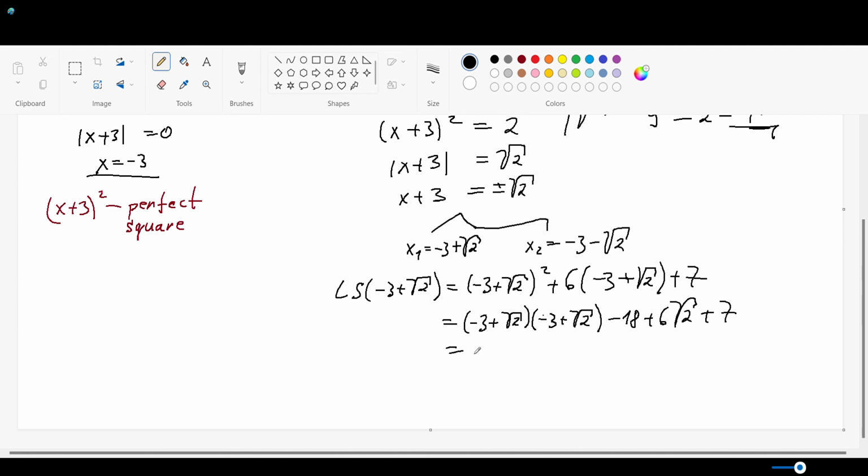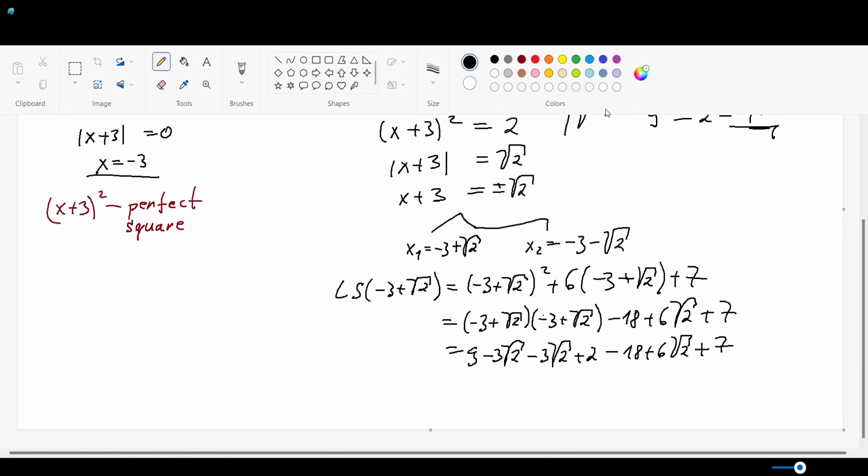Negative 3 times negative 3 is 9. Negative 3 times square root of 2 is negative 3 times square root of 2, and the same applies for the rest. We already know that square root of 2 times square root of 2 is 2, so plus 2, minus 18, plus 6 times square root of 2, plus 7.